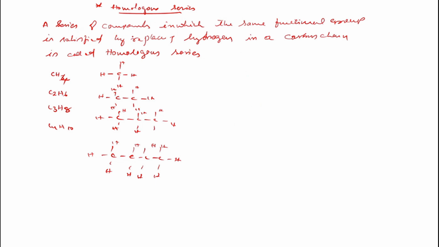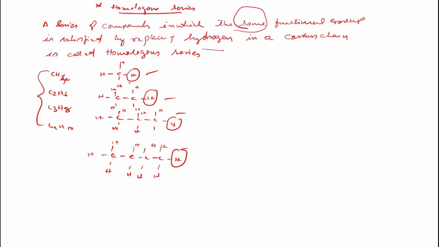Now what is the meaning? Here you see a series of compounds in which the same functional group is satisfied by replacing hydrogen in a carbon chain. This is the carbon chain. One is replaced with, here you see, same functional group.